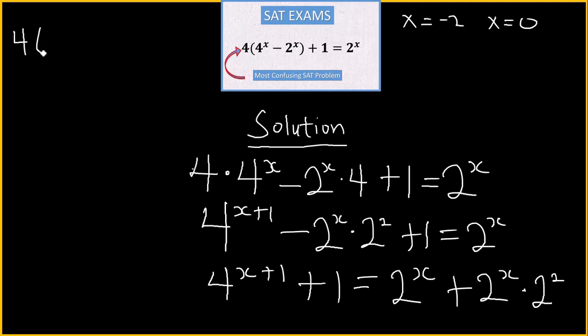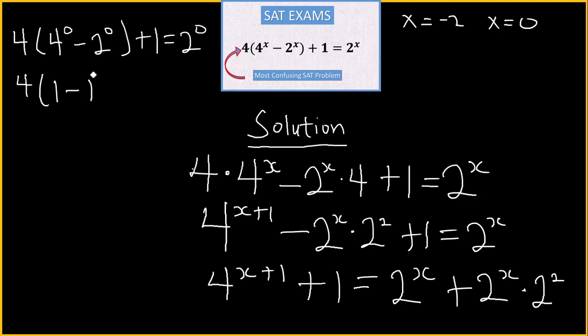Let's start with 0. 4 by 4 raised to the power 0, minus 2 raised to the power 0, plus 1 equals 2 raised to the power 0.